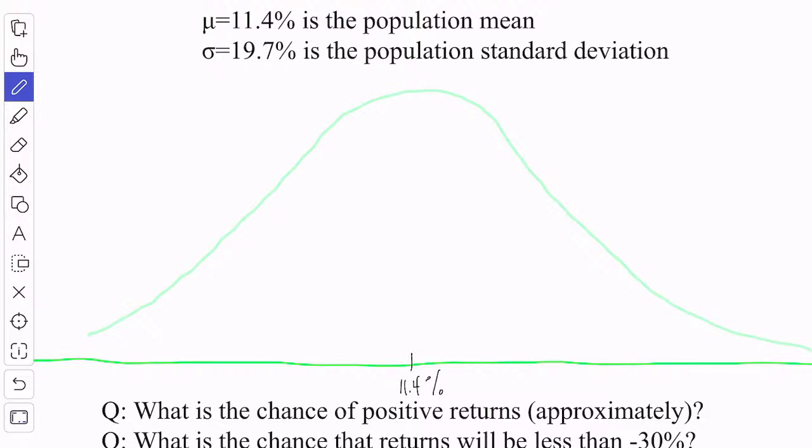And then one standard deviation away. And I have to plot those roughly one standard deviation away.